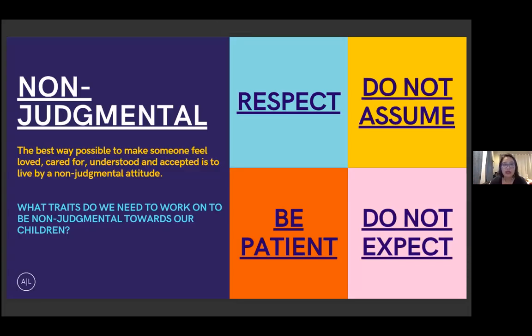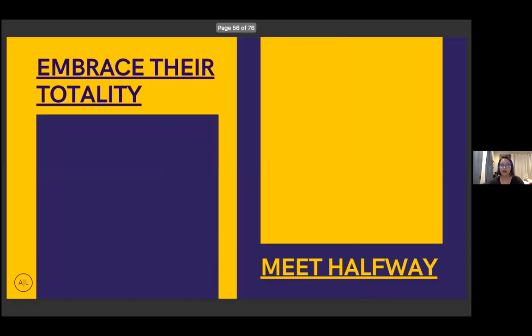Okay, so just a recap. To be non-judgmental: respect, do not assume, be patient, and do not expect. Okay, then it's also important for you to embrace their totality. With embracing totality, I think with parents, it's not that hard.